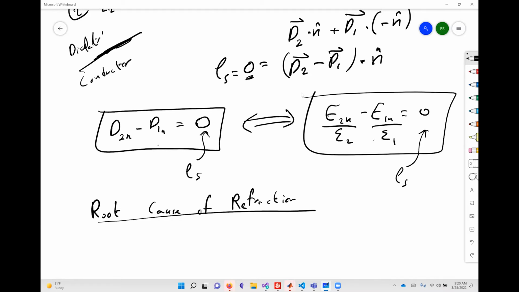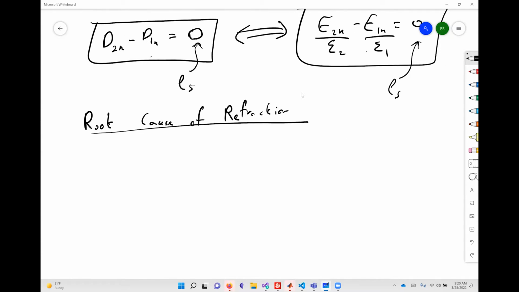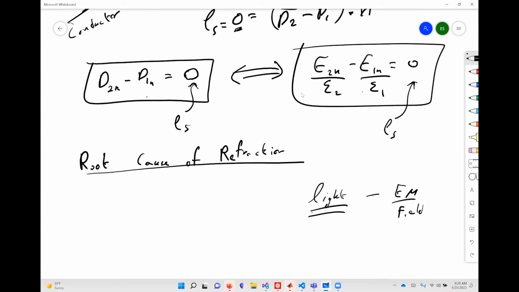Some of you know already, but light is essentially simply a wave in EM fields. That's what light is. There are EM fields in space, and then they wave. When they start vibrating, that's what light is, right? And light goes through a phenomenon called refraction.